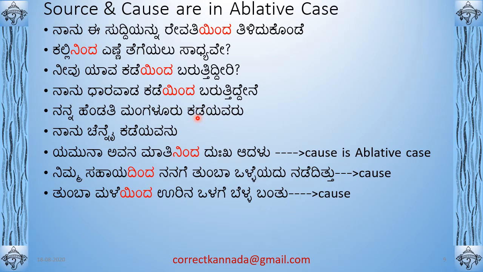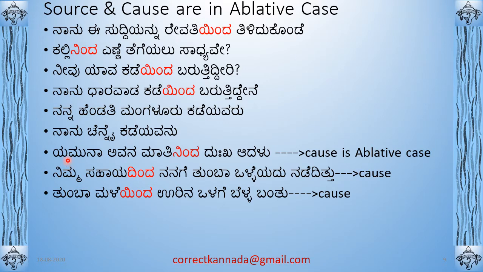Kade means side. For example, Nanu Chennai kadayavanu. When you say kadayavanu, it means I belong to that side. Avaru means he. A person from that side is called kadayavaru, whichever side it is. So you can personify a person from a given side by using the word kadayavaru.